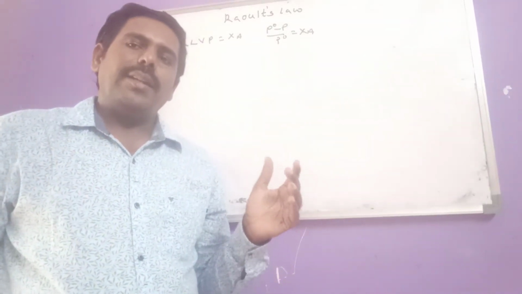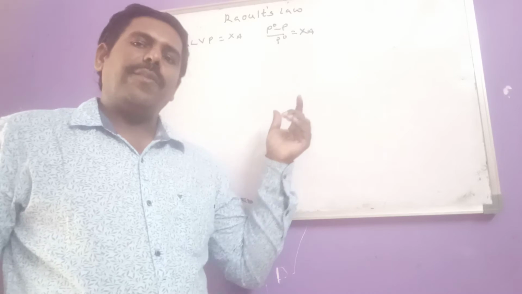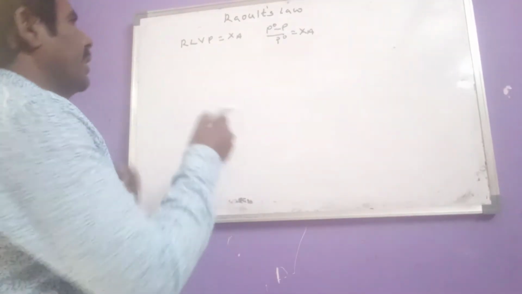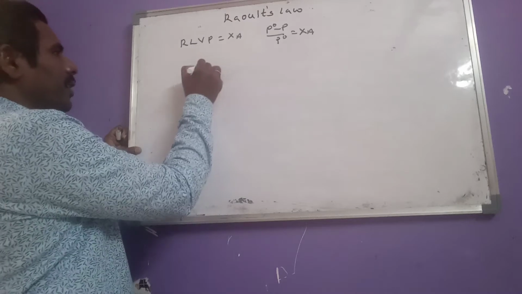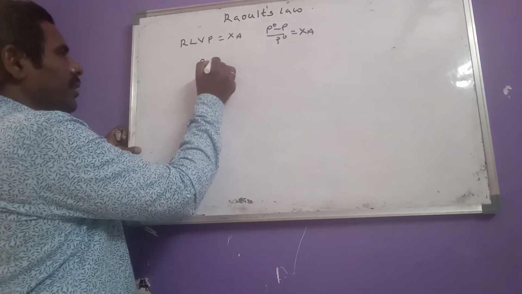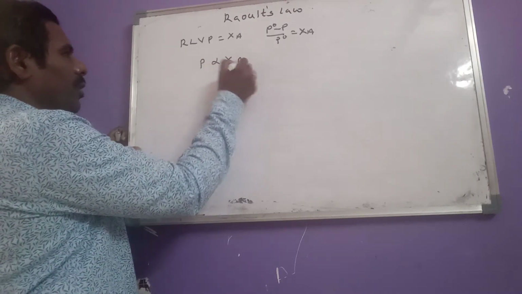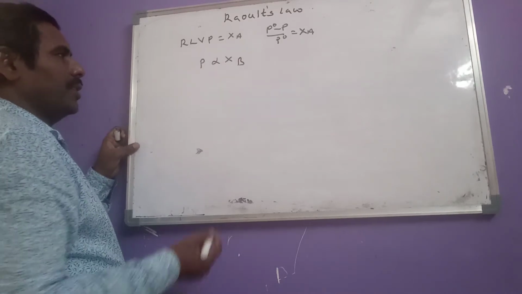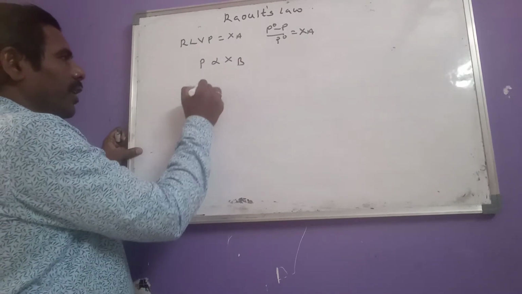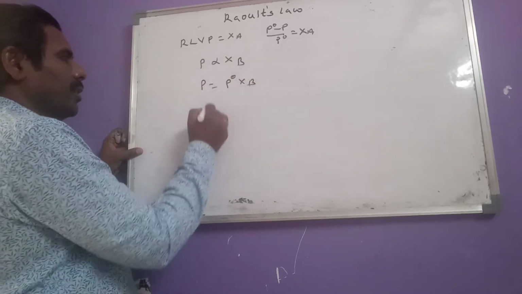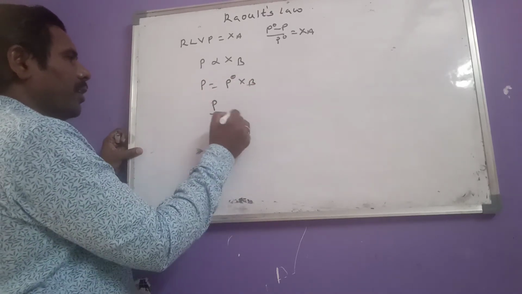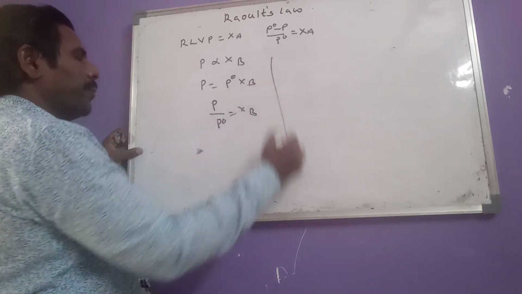Okay, then what is the derivation of that equation? Let us see here. If you consider any solvent, the vapor pressure is directly proportional to the mole fraction of the solvent. Now here we can write a proportionality constant P naught. Therefore P by P naught equals XB.